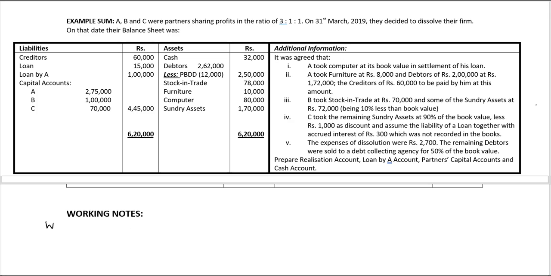So working note 1, value at which partner C takes over the remaining sundry assets.